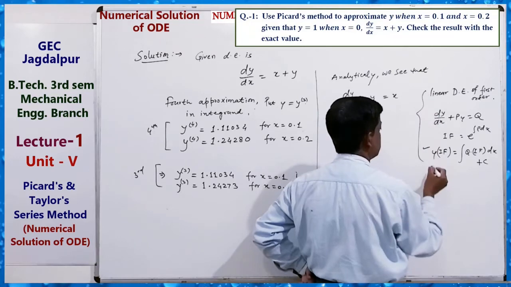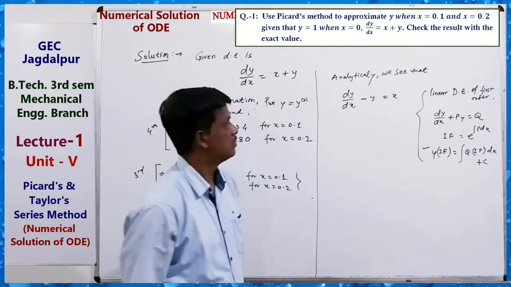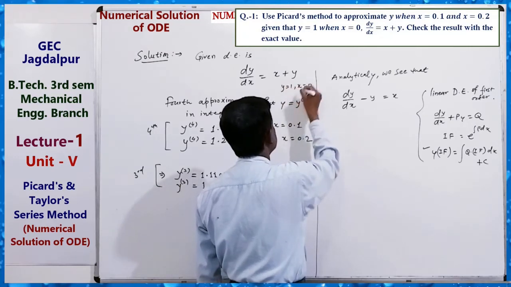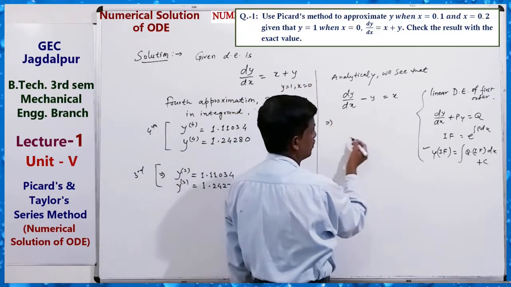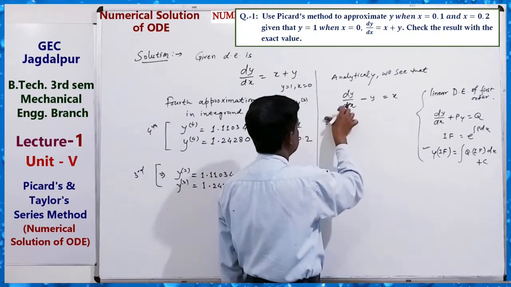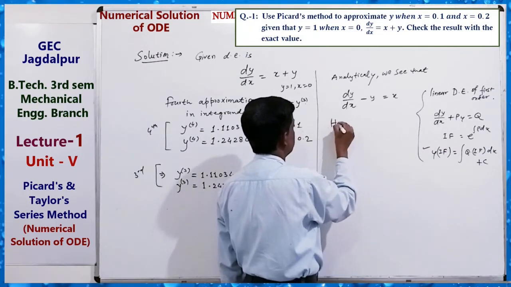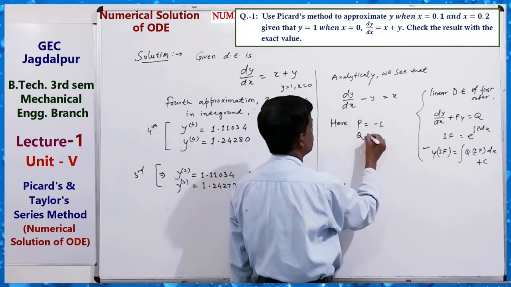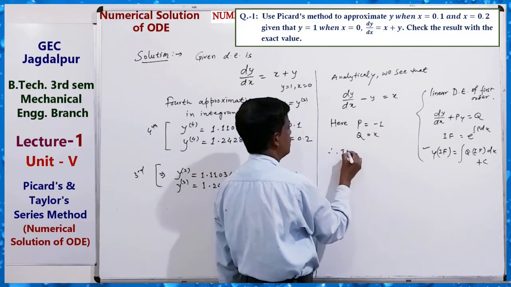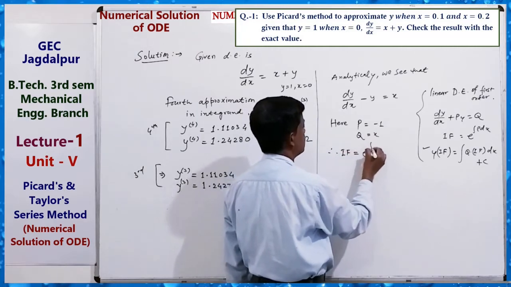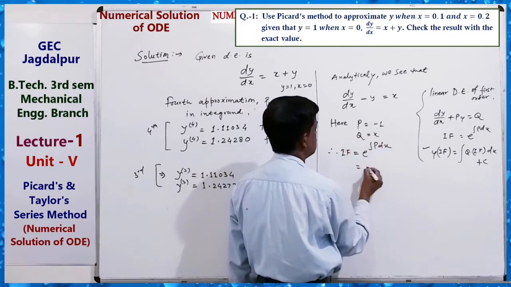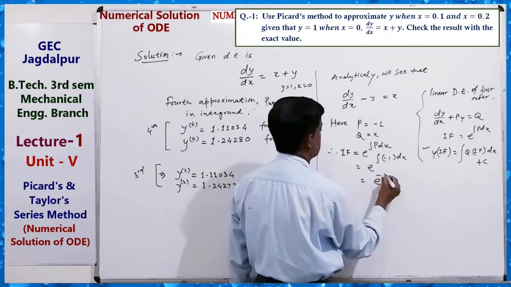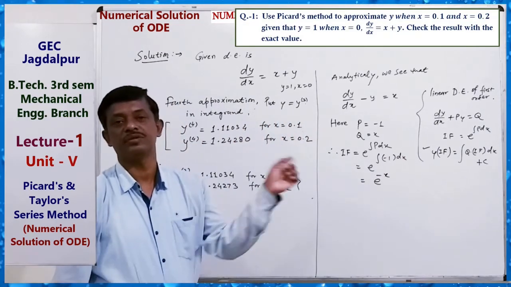So this is the method. By this method, just solve this. Also here the condition is y equals 1 at x equals 0. So P equals minus 1, Q equals x. Therefore, IF equals e to the power integration of minus 1 dx, which is e to the power minus x.